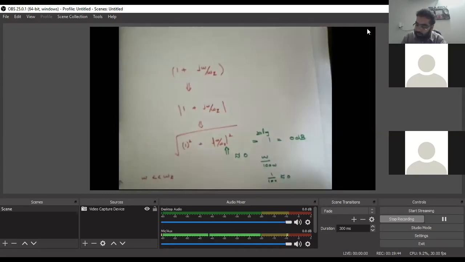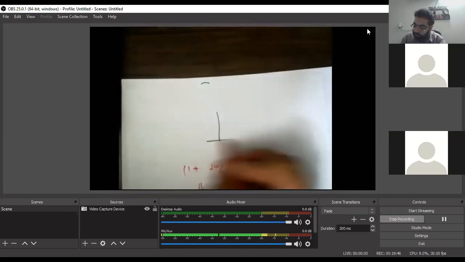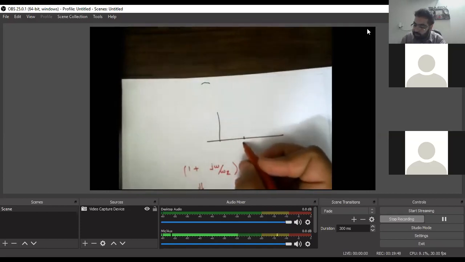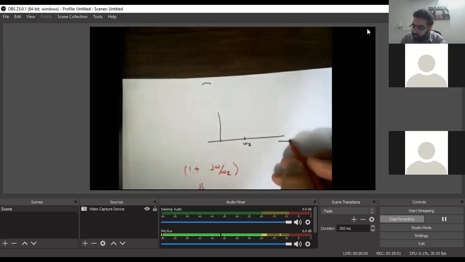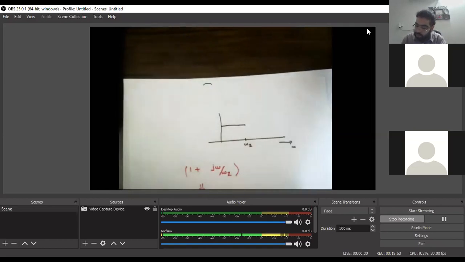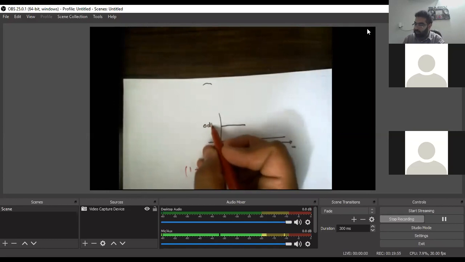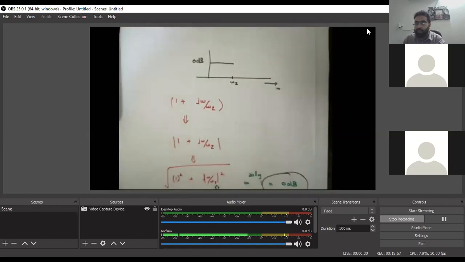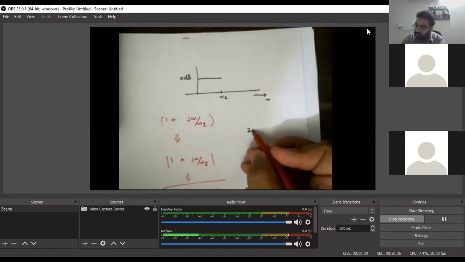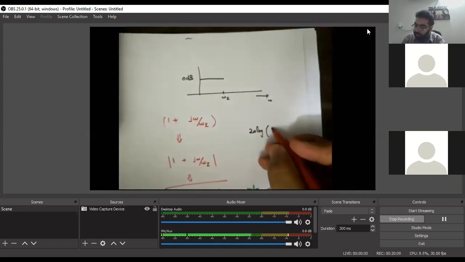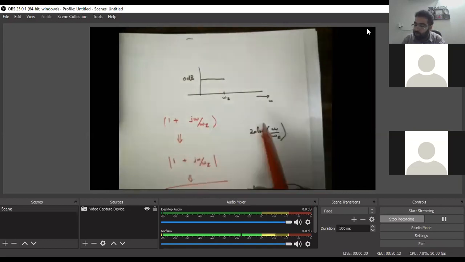So when we are drawing this thing, we are saying that if this is omega z and this is omega, till we reach omega z we are at a 0 dB value because of this consideration. And as we go from omega z, starts increasing, we are following the slope of 20 log omega by omega z. So the 20 factor is going to come because of the slope, and omega by omega z is going to come whatever the slope they are going to carry.